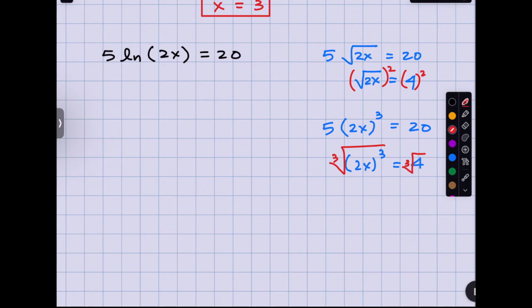Except you can't square ln and make the ln go away. You can't cube root the ln to make the ln go away. You just need the opposite operation of ln. So yes, here you would divide by 5. And what's the opposite operation of ln?